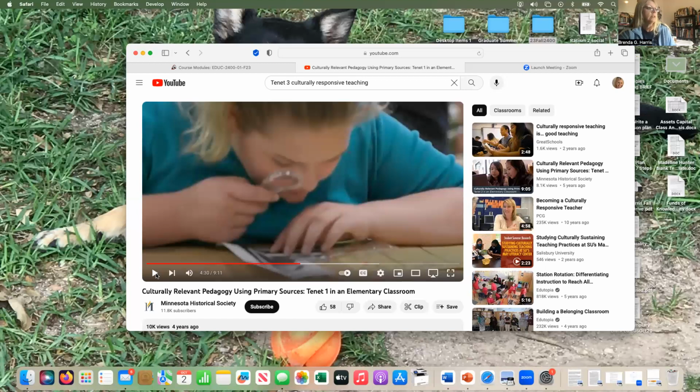So this young lady is working at a table where she's got a magnifying glass and she's looking at pictures. But she could go to another part of the room where they have maps and books and different things that she can pull up as primary sources. Do you see how that's student directed activity?